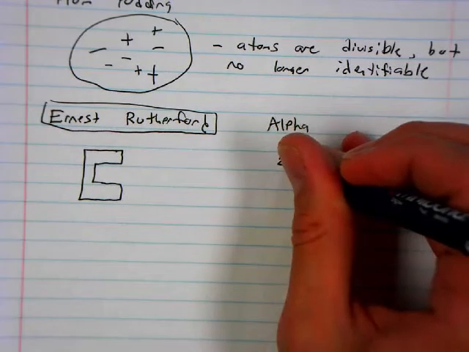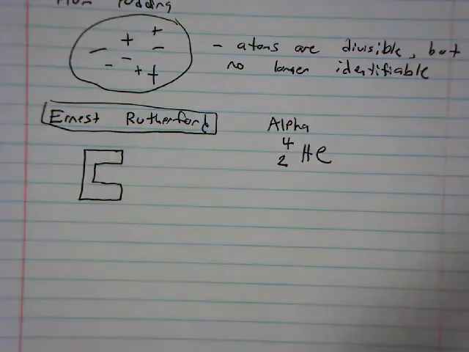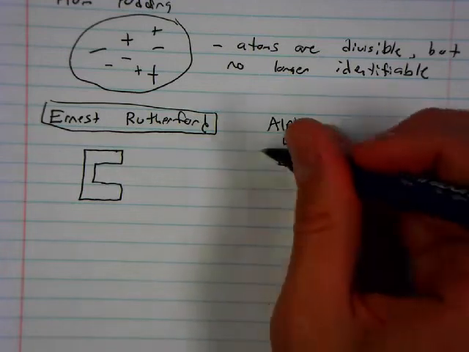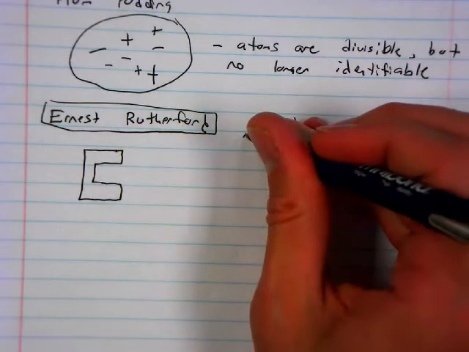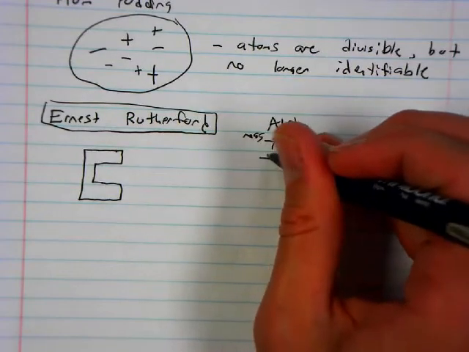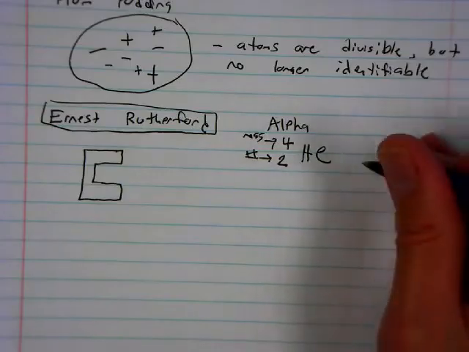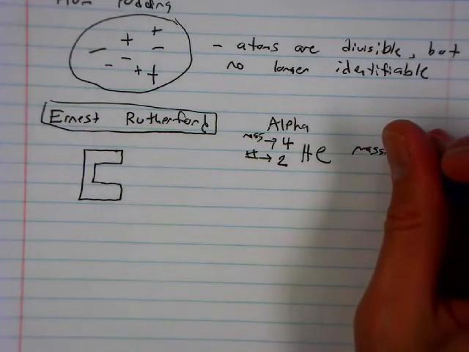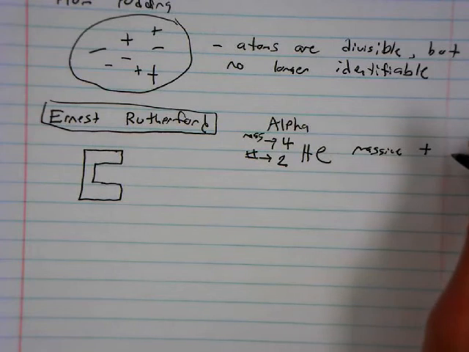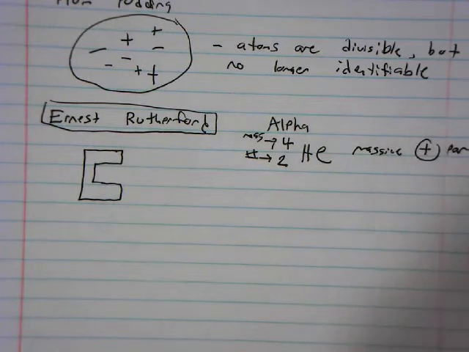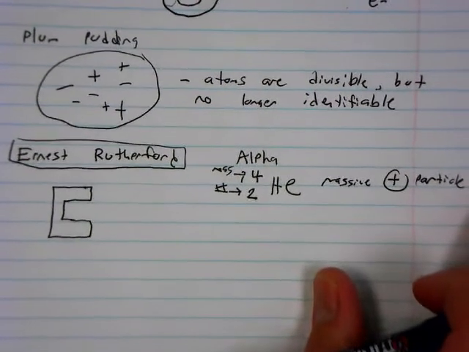An alpha particle is basically 4,2 He. If you're looking at the periodic table, 4 is the atomic mass, 2 is the atomic number for helium, and this is basically just a massive positive particle.